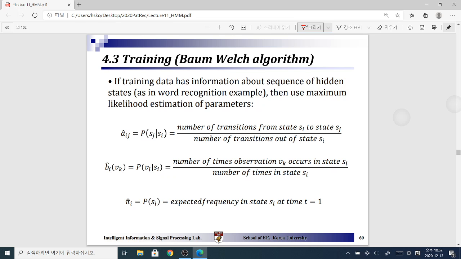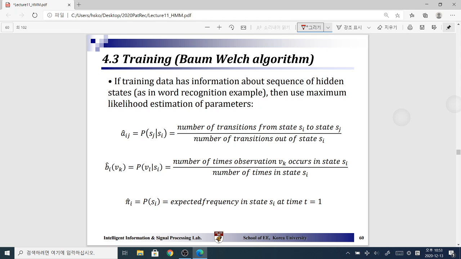More important is to help you understand how the Baum-Welch training algorithm is involved in obtaining once again the transition probabilities as well as the state or emission probabilities.